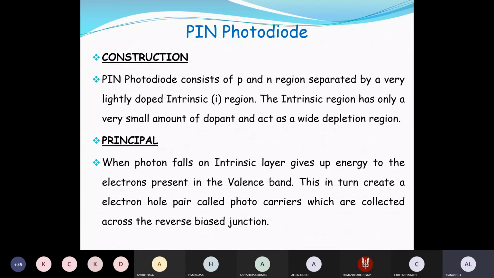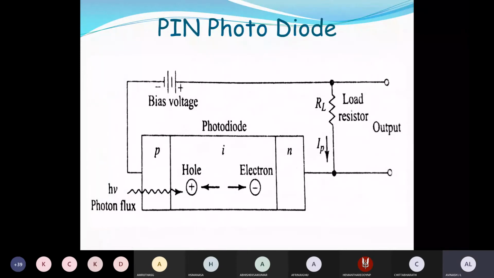So your principle of operation. Before that, please make a note of this particular diagram, all of you.